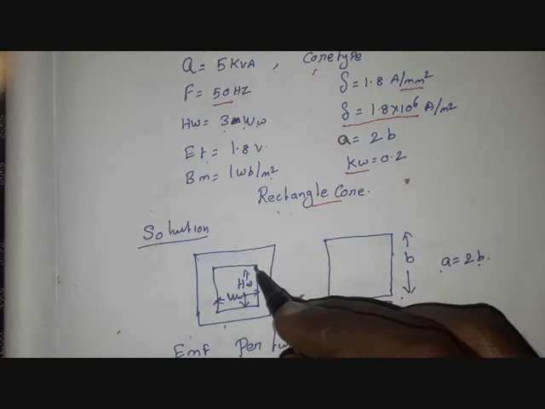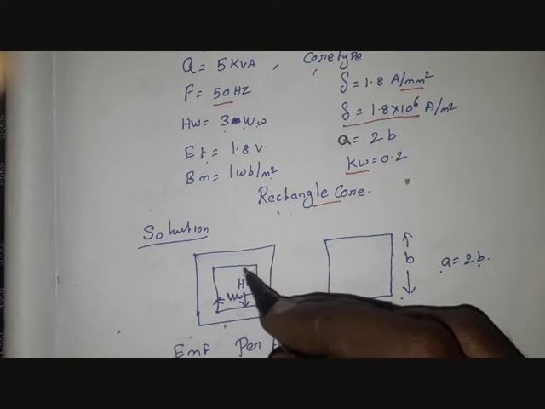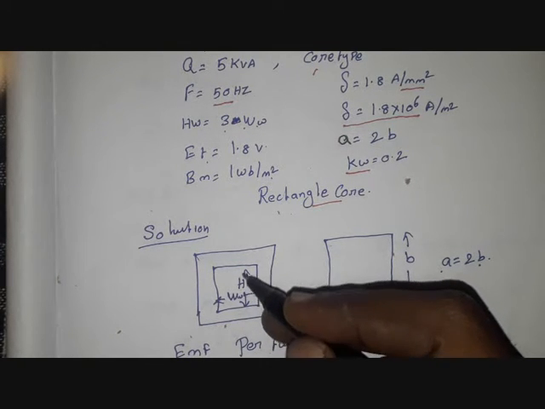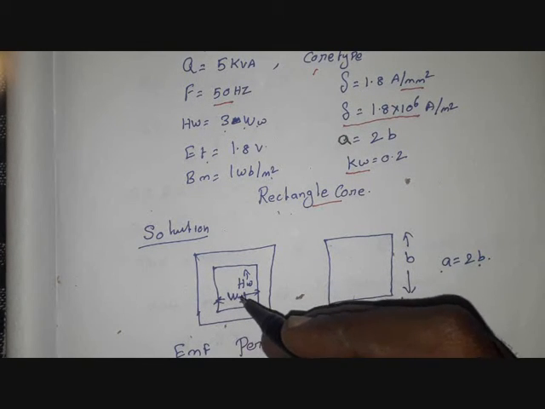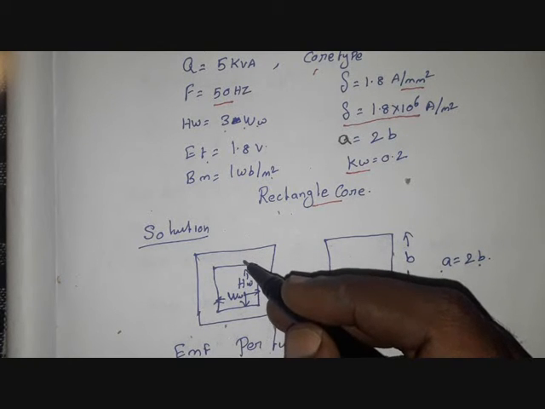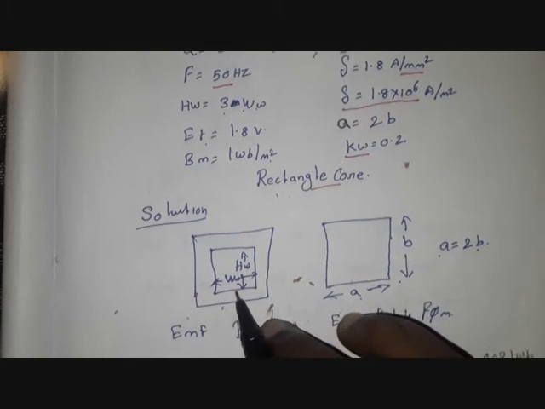Here the window area is the inner part. It is used to bind the winding. Here it is the height of the window and here it is the width of the window. Then this is called the yoke, that is not included in the question.